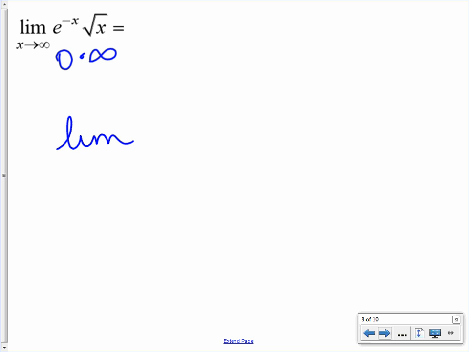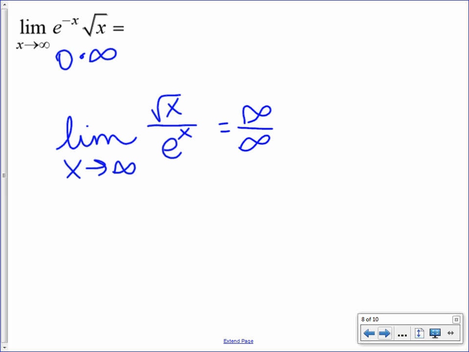So we can rewrite this as the square root of x over e to the x, because when we move it downstairs, the exponent becomes positive. And so now it's infinity over infinity, so we can apply L'Hopital's rule.